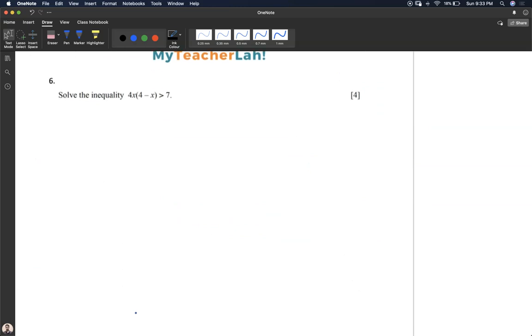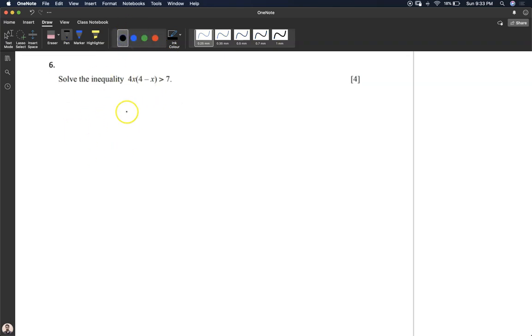Alright, the final question of the day before I get some water and some sleep. Okay, solve the inequality. I'm just putting up the inequality in this chapter as well because it's still quadratic. So expand this and I'm going to get negative 4x squared plus 16x more than 7.